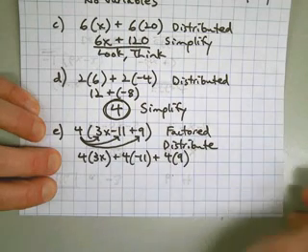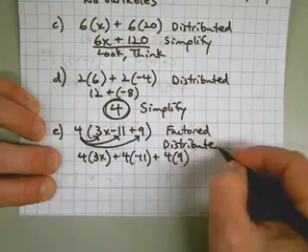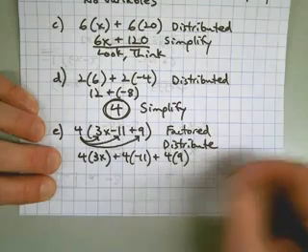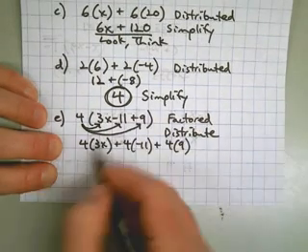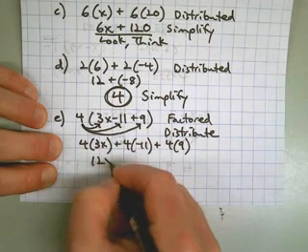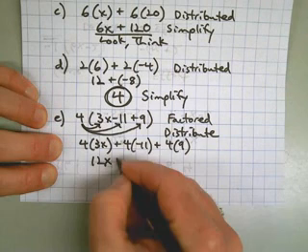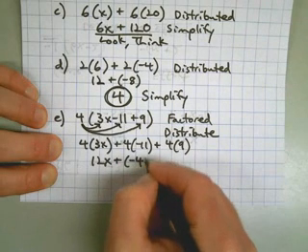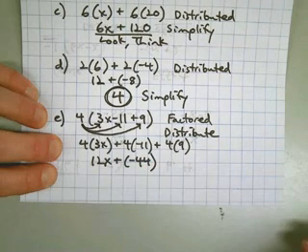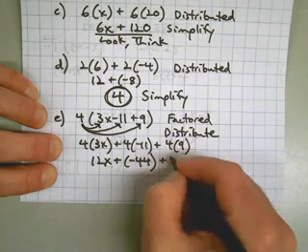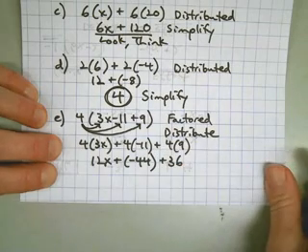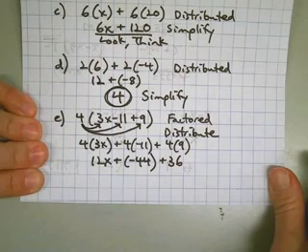Good. Are we done yet? No, but we are in distributed form. We need to get simplified. 4 3x's makes 12x. 4 negative 11's makes negative 44. And 4 9's makes 36. You can check it with your calculator. I'm doing this mentally.